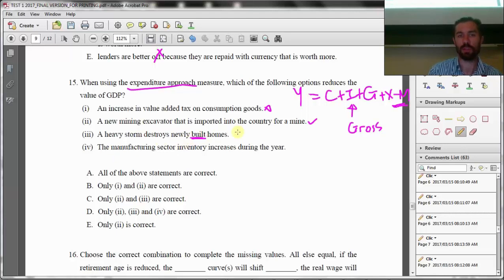So destroying them has got nothing to do with measuring GDP. And the manufacturing sector inventory increases during the year. Well, inventory increases would be part of investment, but they would make output increase. So it wouldn't be one of the things that reduces the value of GDP. So in terms of these options, question 15E, which was a little bit tricky, I think.